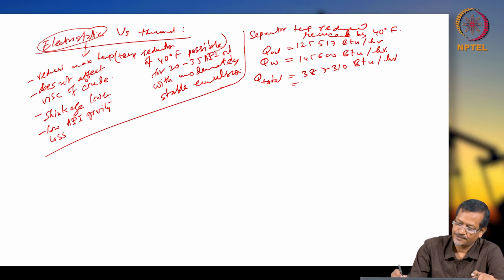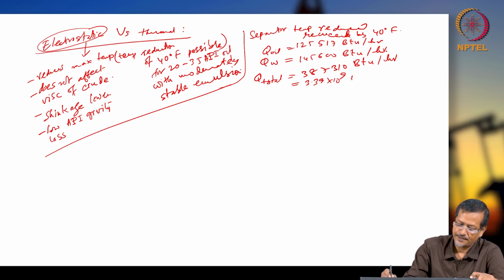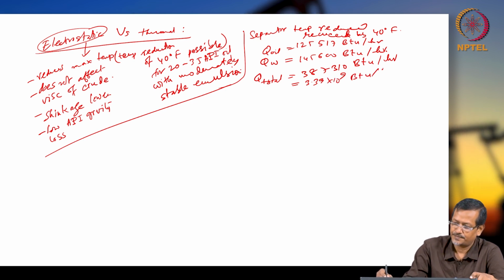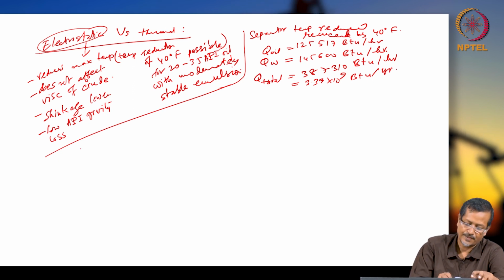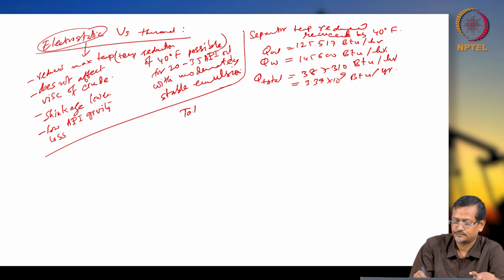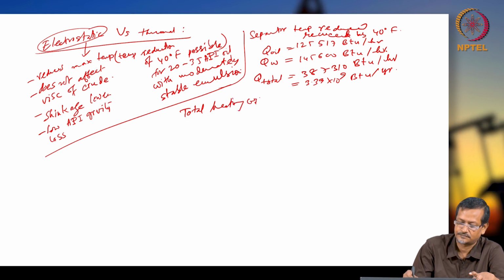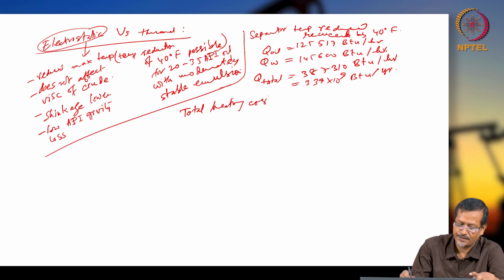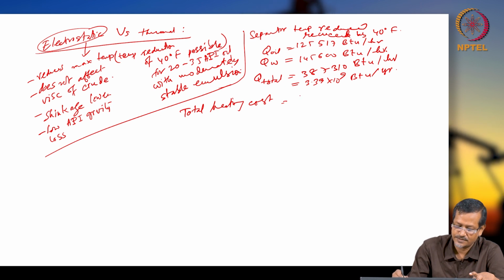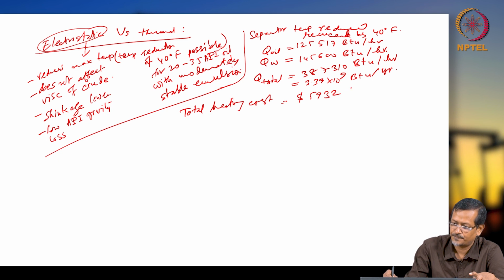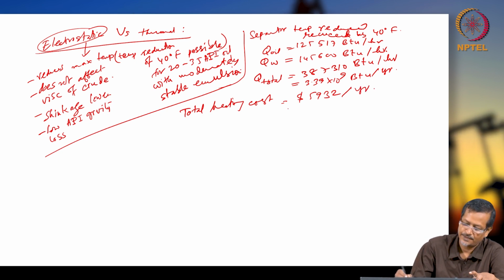Okay, this will be 3.39 times 10 power 9 BTU per year. So total heating cost equals 5932 per year.